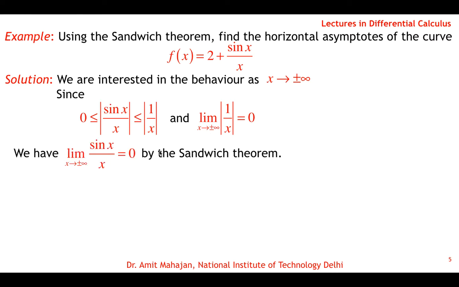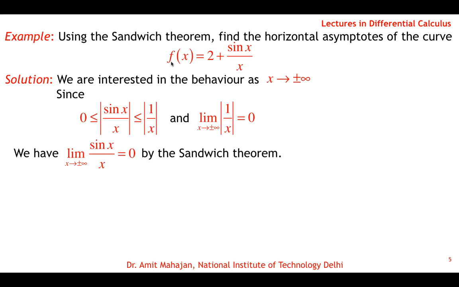By the sandwich theorem, if f(x) is less than g(x) is less than h(x), and if f(x) and h(x) have the same limit, then g(x) also has the same limit at that point. So that result we used here to show this.